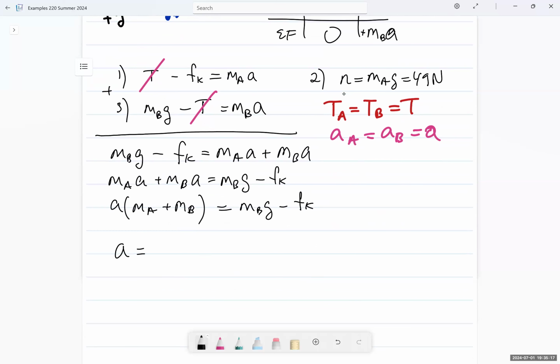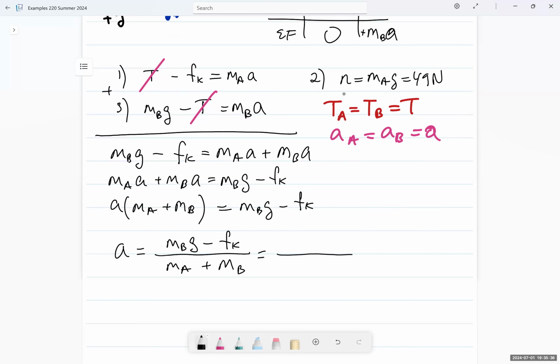Then acceleration will be MBG minus F of K divided by MA plus MB. This will be my final expression for acceleration, because at this point I have pretty much everything I need to solve it.